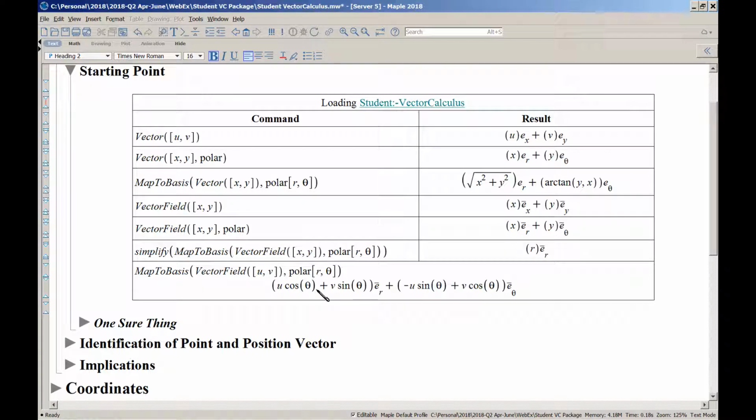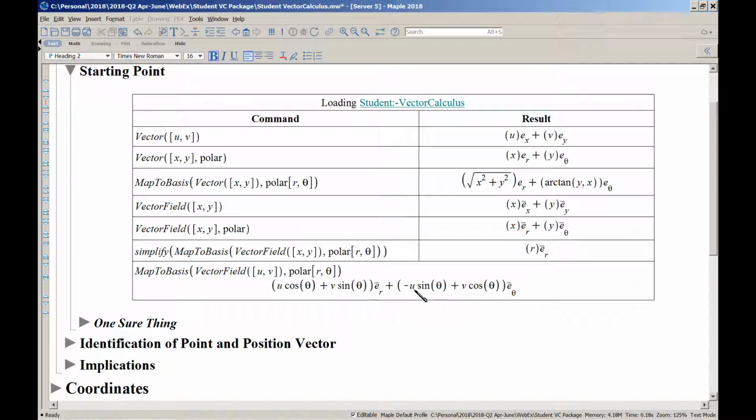And now you get an expression here and here that will only reduce to r if you set u equal to r cosine theta, because that will give you an r cosine squared. You put v is r sine theta, you'll get r sine squared. You factor out the r, cosine squared plus sine squared is 1. That r is this r.